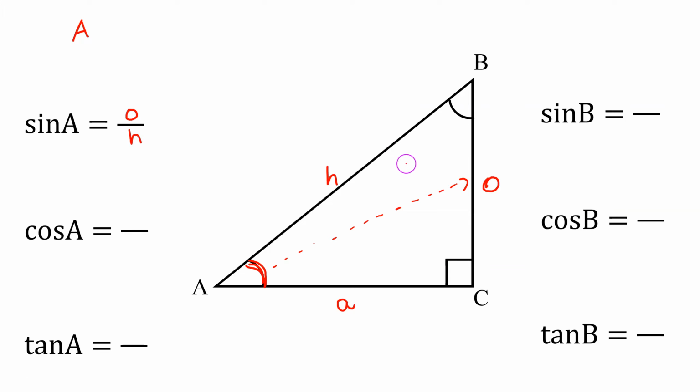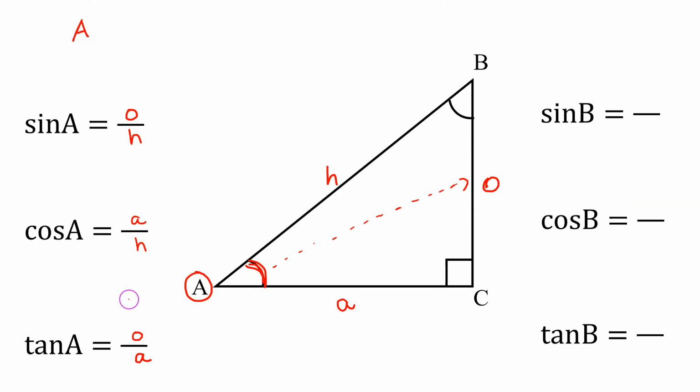And then whatever those letters happen to be for those sides, you can substitute them in there. Cosine of this angle is adjacent over hypotenuse. And then the tangent of the angle is opposite over adjacent. So this is all for angle A.